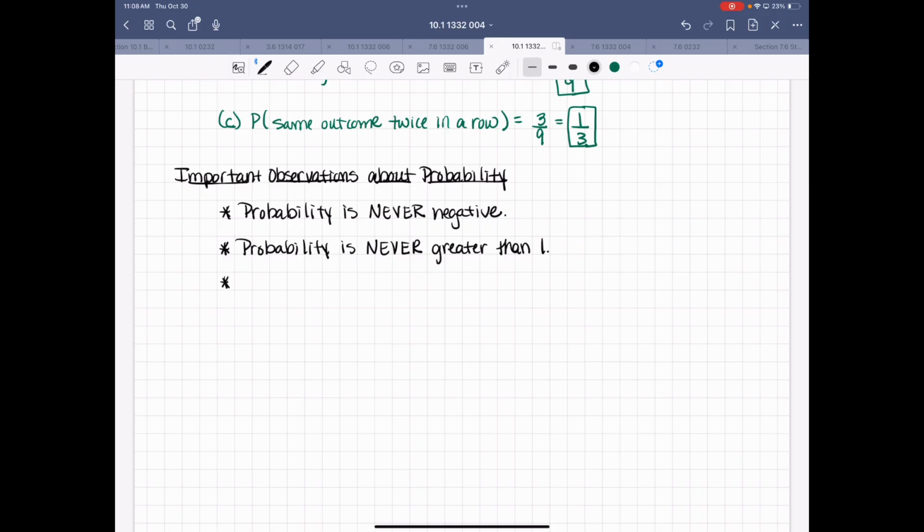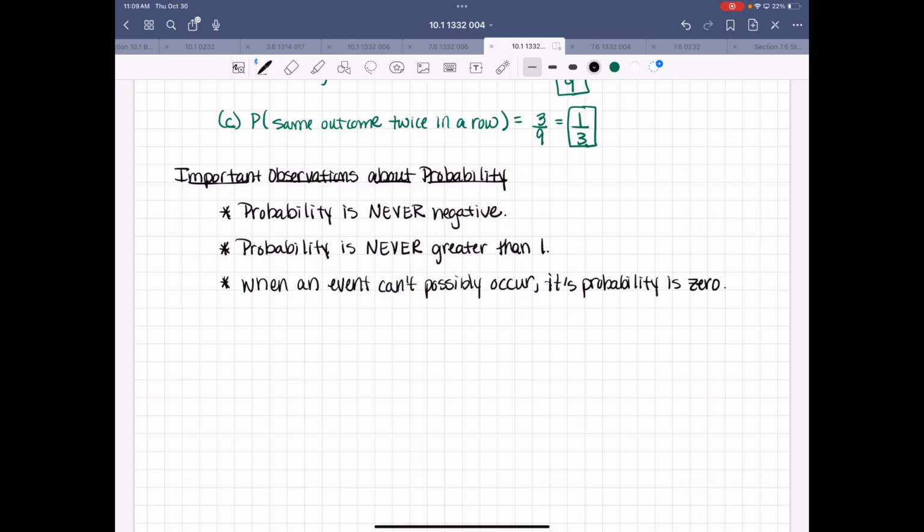When an event can't possibly occur, its probability is 0.